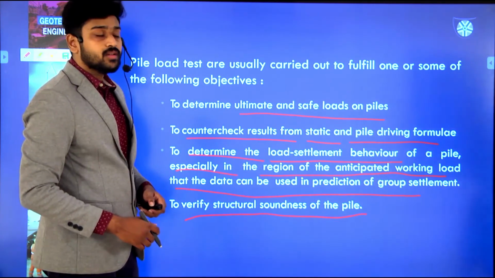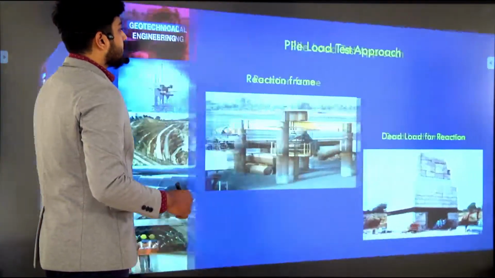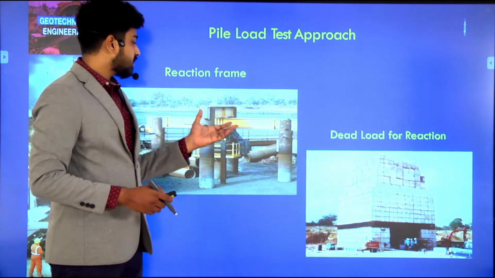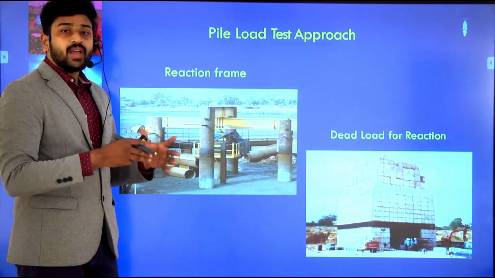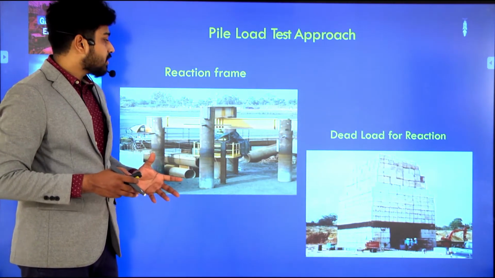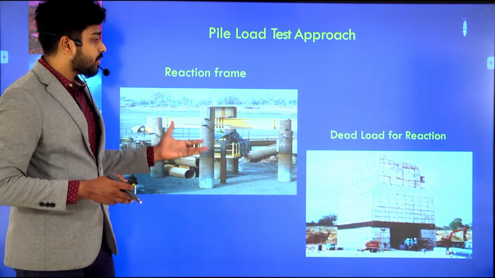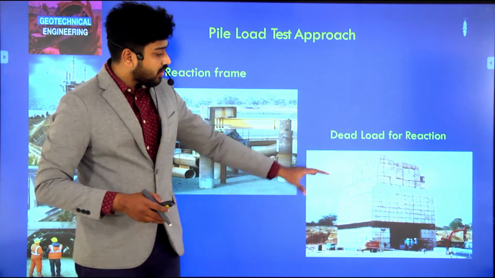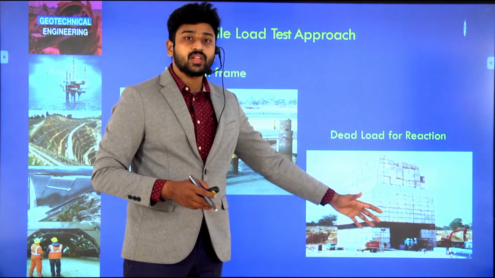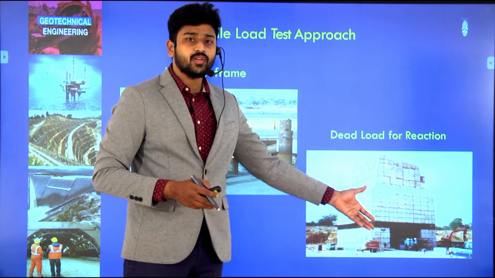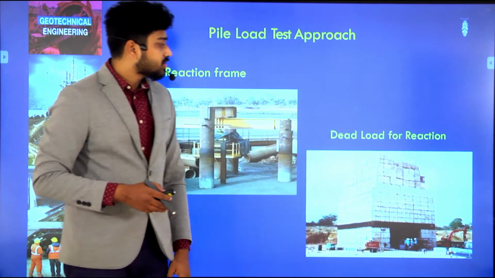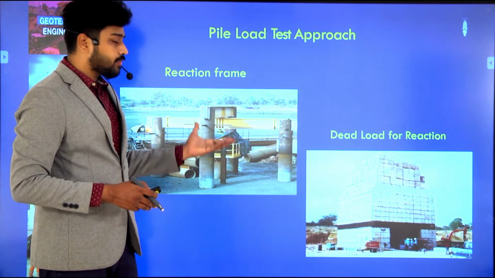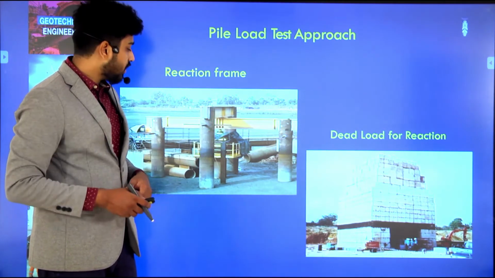Now if you look at this particular diagram here, generally this pile load test arrangement may be either of a reaction frame or a dead load for a particular reaction. That means whatever load we are giving onto this particular pile may be the self weight of a block, so this is called a dead load, and this may be a reaction setup connected to a beam.